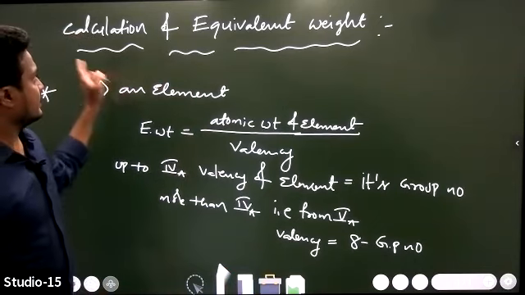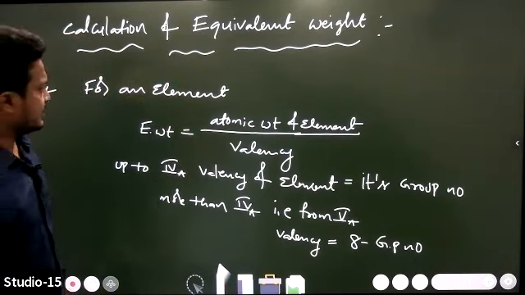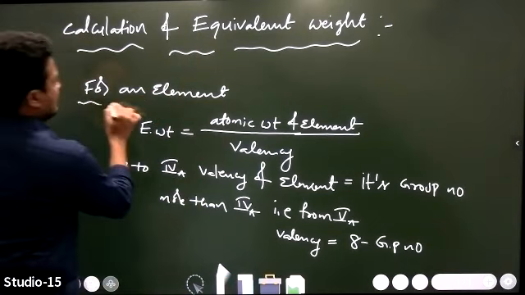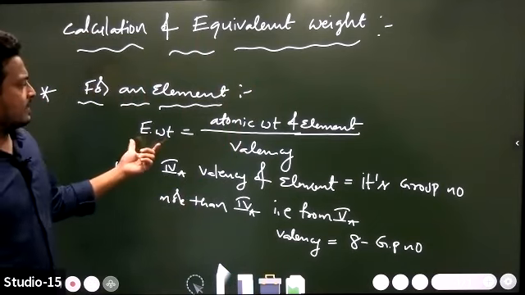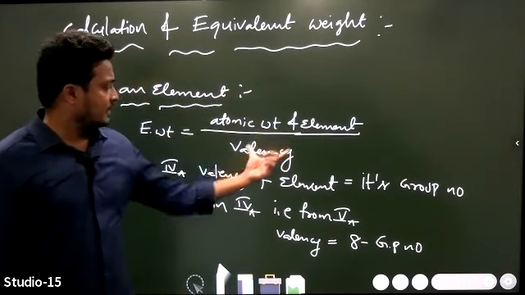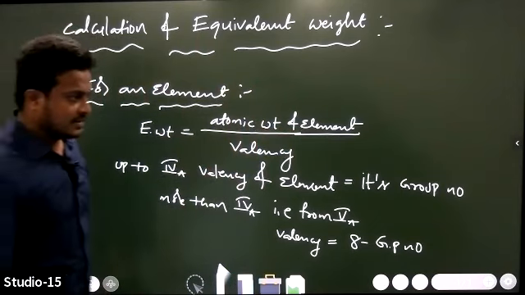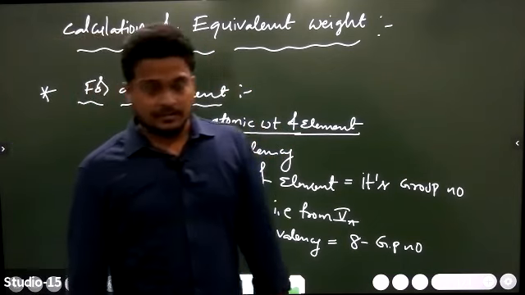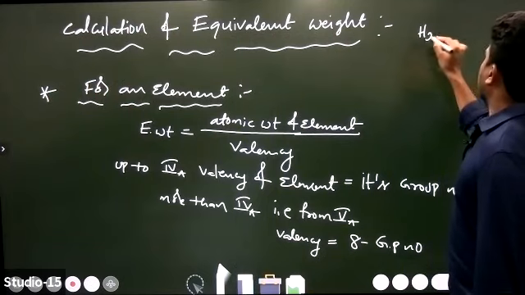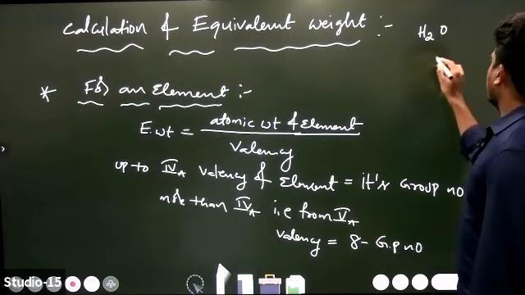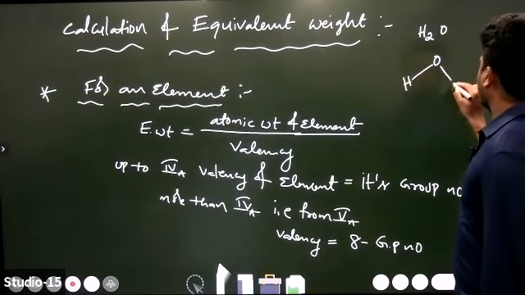Today we will discuss the calculation of equivalent weights of different substances, in which first, how to calculate the equivalent weight of a given element. Equivalent weight of a given element is equal to atomic weight of the element by valency. Valency is nothing but the combining capacity of an atom. For example, see the H2O molecule. In H2O, oxygen is surrounded by 2 hydrogens.